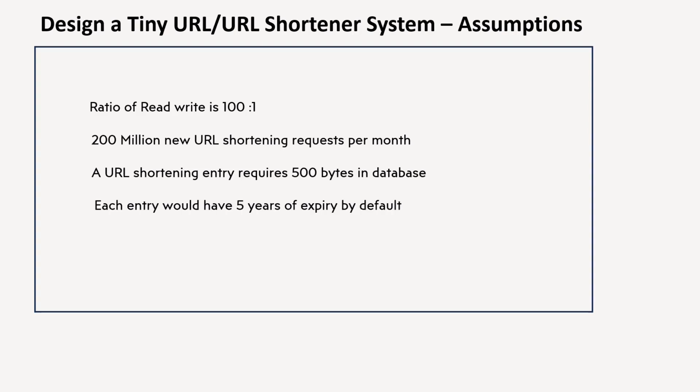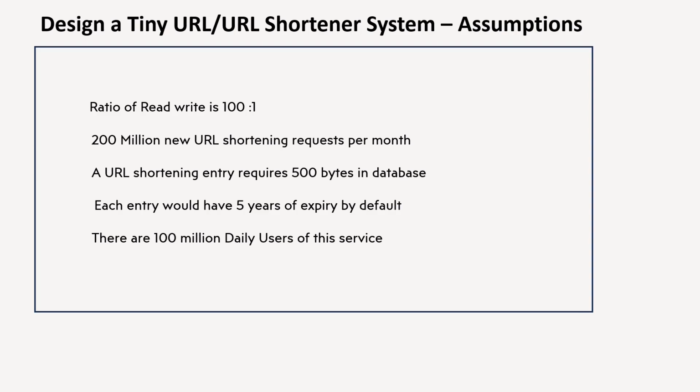Then we assume that every entry we make in our system is going to expire after 5 years, so we will have some kind of mechanism that clears out entries which are 5 years old by default. And then there will be 100 million users daily for this service. So these are the assumptions we have taken.